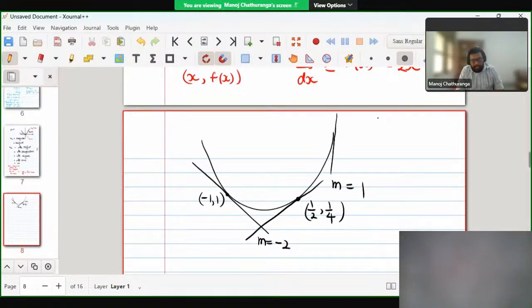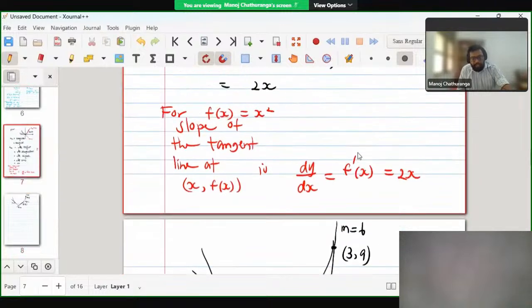Let's say you want the tangent line at 3, comma 9. The slope of the tangent line at that point is double the x-coordinate, 6. So likewise, now you know not only a single tangent line, using this formula, you can compute slopes of all possible tangent lines.